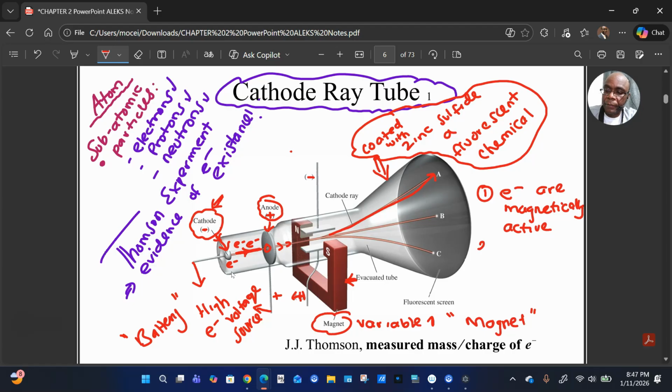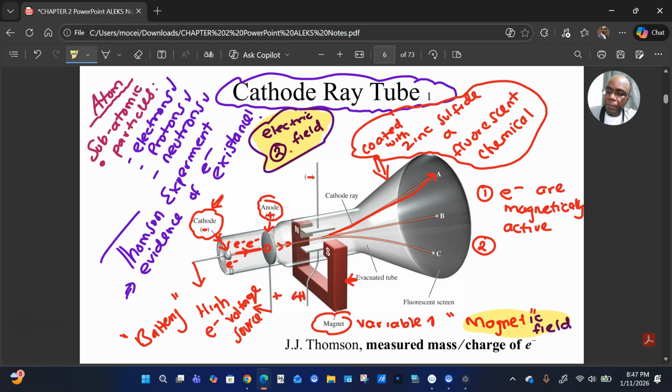We are coming there. So variation number 2 is going to be the electric field. Number 1 was the magnet that introduced the magnetic field. So variation number 2 will be the electric field. Let me highlight it. Remove the magnet.